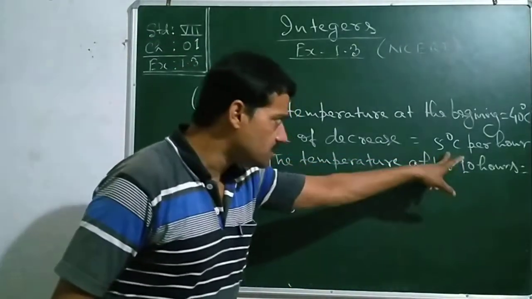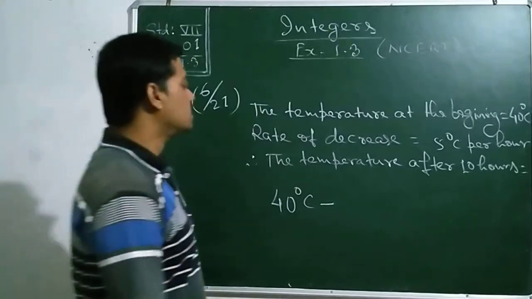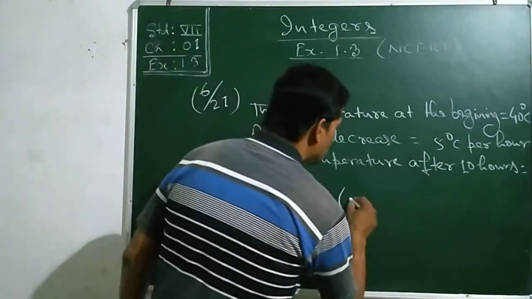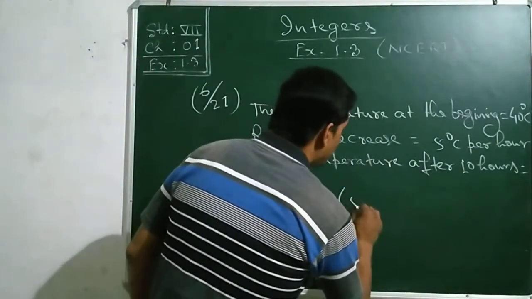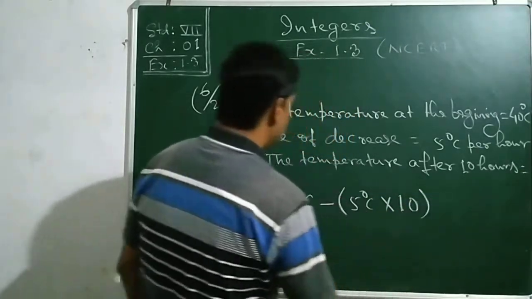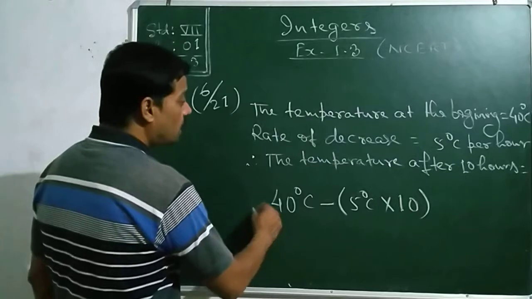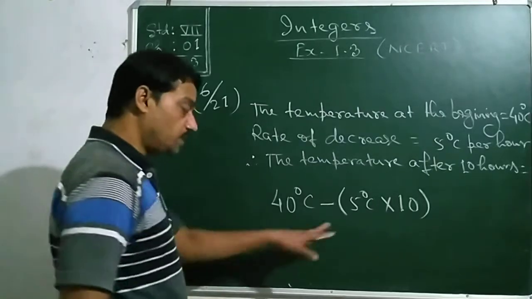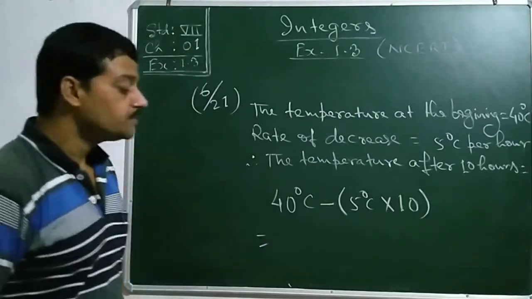It is for 10 hours at 5°C per hour, so the total decrease will be 5°C into 10. Now calculate them, you will get the required result.